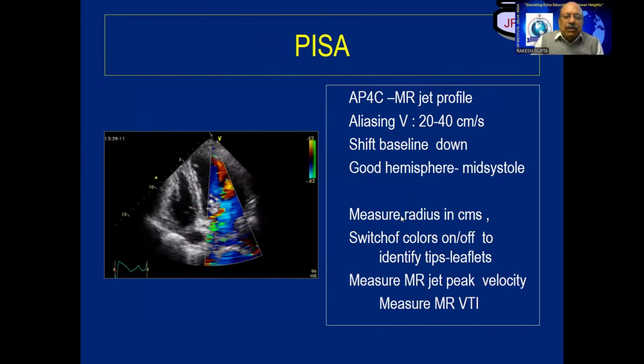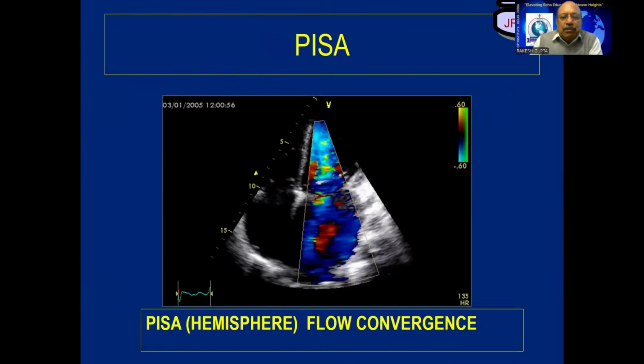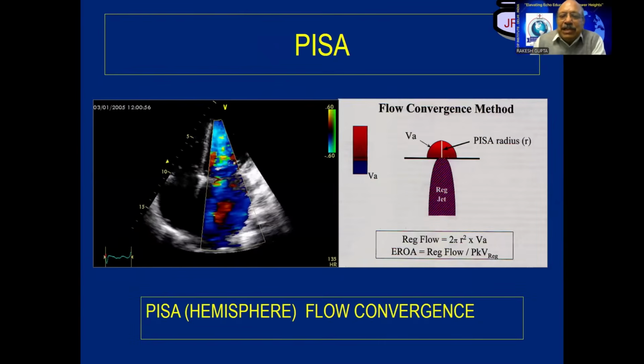So what we normally do is, what is PISA? PISA is proximal isovelocity surface area. So the guidelines for doing PISA is what exactly we are looking. We are looking at the PISA of this surface. Like this is what we are going to measure. Correct?